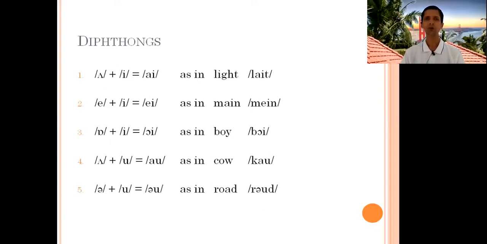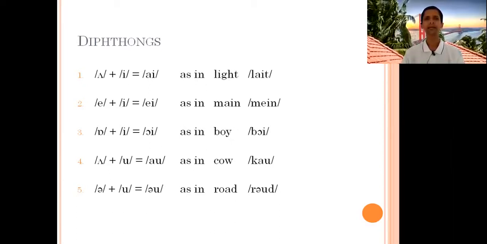This sound is also a very common sound in the English language, but this is one of the most mispronounced sounds in the language. We have often heard people pronouncing R-O-A-D as raud, but it is a wrong pronunciation. R-O-A-D is not raud, it is road.